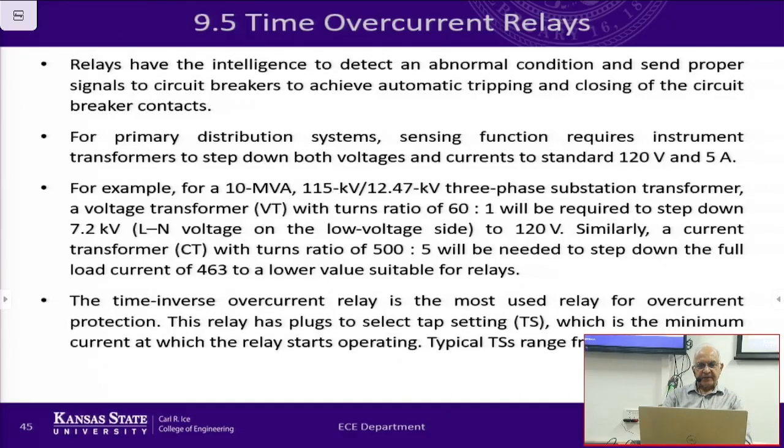As an example, if the circuit has a current of 463 amps, then you would use a 500 to 5 CT to reduce the current from main current to a lower current which can be used for relay circuits.